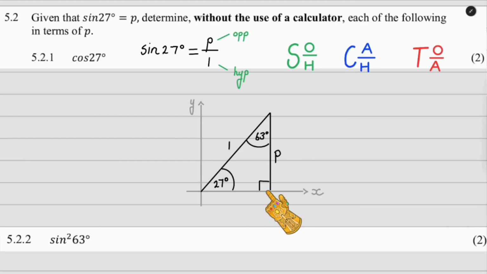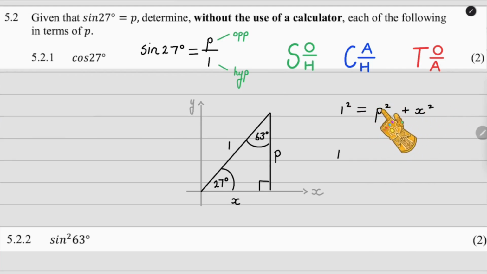So the Pythagoras theorem states my hypotenuse squared, so 1 squared, is equal to this side squared plus this side squared. So it's going to be p squared plus, and I'm going to call this x squared for now. So now the mission is to get x on its own, so we know what this side is. So 1 squared is just 1.